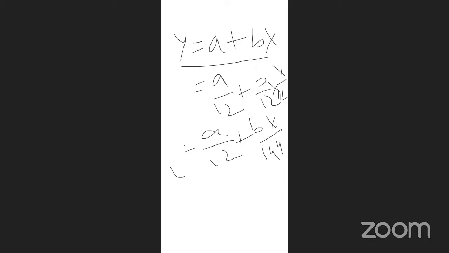If an equation was given as a monthly equation and you are asked to convert into annual equation, then in such a case, multiply a into 12 plus bx into 144, because it is a monthly trend supposed to be converted into annual. So you have to take that into account.